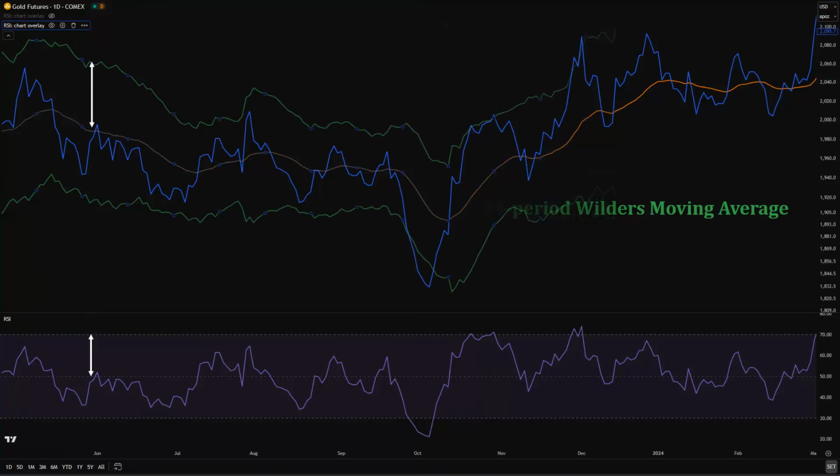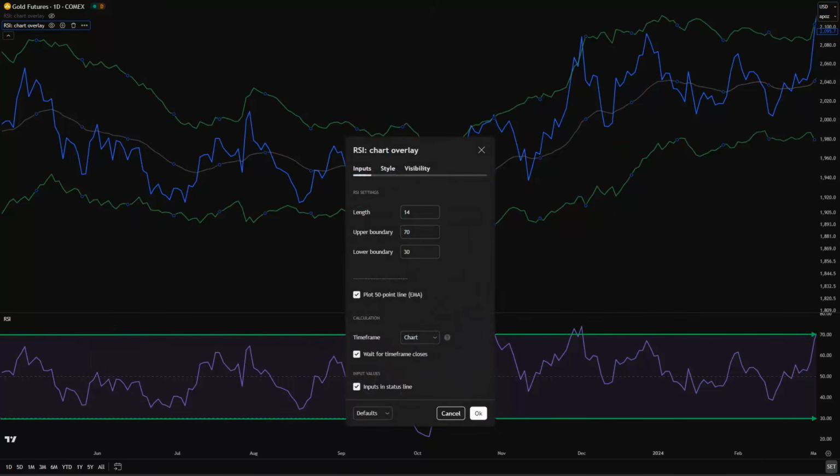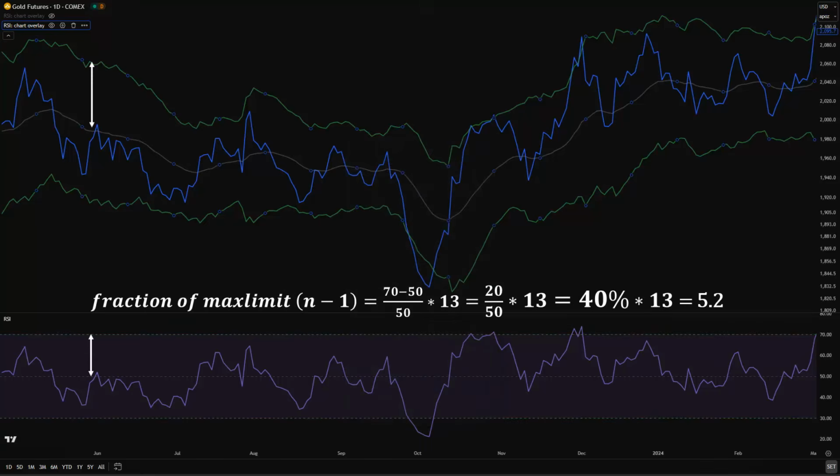The green lines you see are dynamically calculated. They represent the price level that would produce RSI 70 and RSI 30, given the current volatility. It's the same RSI, just in a different language. Remember, the formula had an N-1 factor in the denominator. Here's why it matters.